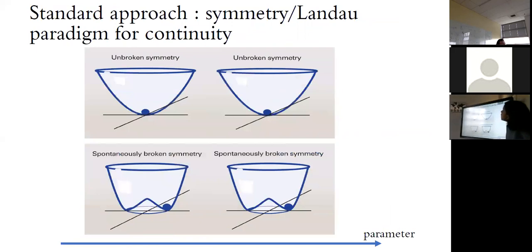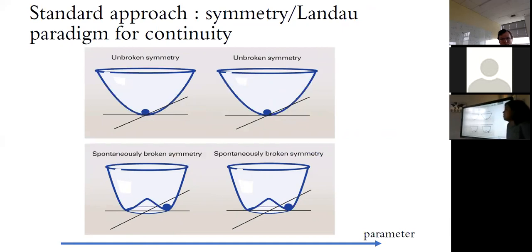Now, here is the paradigm for continuity. This is not a theorem. This can at most be a conjecture. Again, you're dialing a parameter. You have a potential that's invariant under a particular symmetry transformation in both regimes of parameter space.